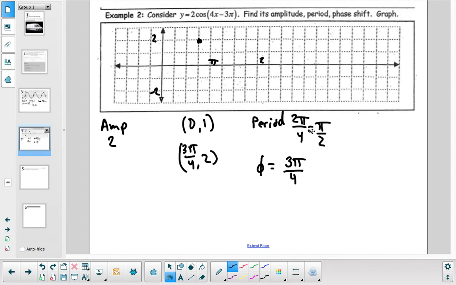And our period is pi over 2. Pi over 2 is going to be here. So every 2 lines is pi over 2. So 2 lines, pi over 2. We need to finish in here. So it's going to be pretty tight the way I had it. That's the reason why I was hesitant to do this.